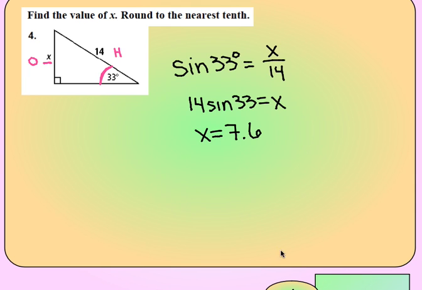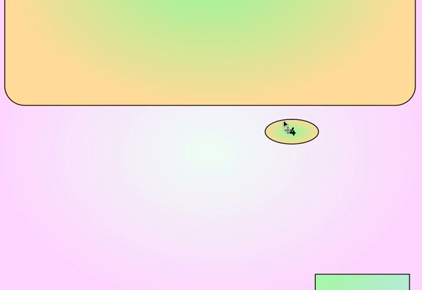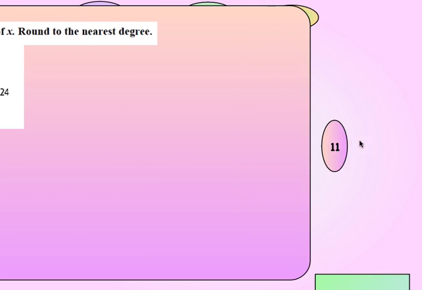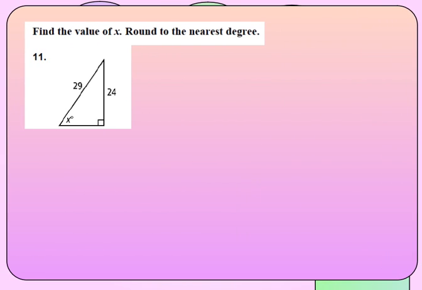Next and last type of thing you're going to see tonight is going to be things where you want to find an angle value. So now the information that's given to us is, for some given angle x, I have the opposite side length and the hypotenuse. So again, in this example, I have opposite and hypotenuse, so I want sine.